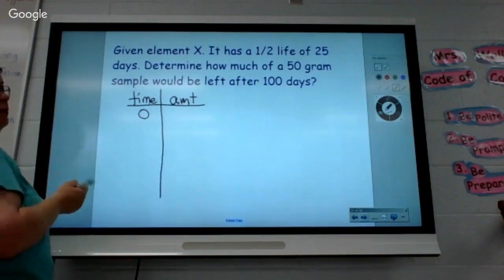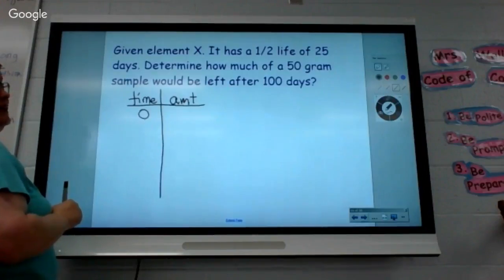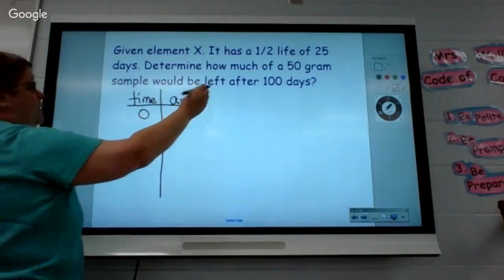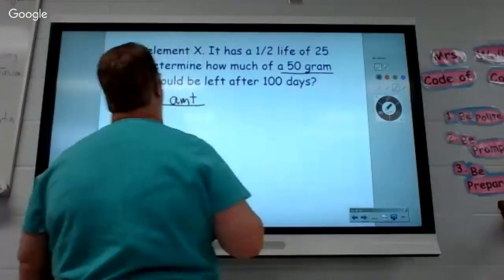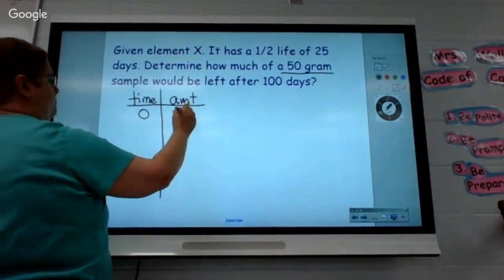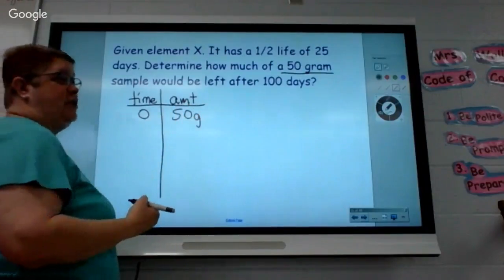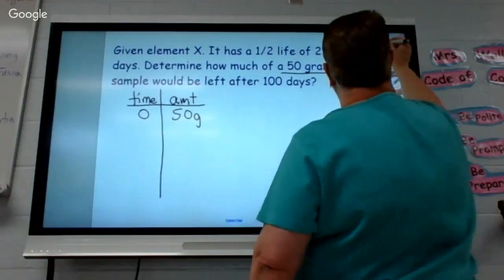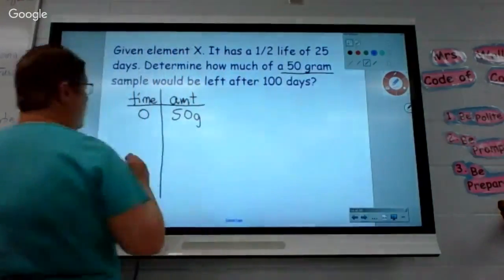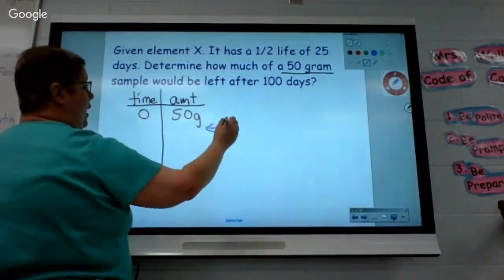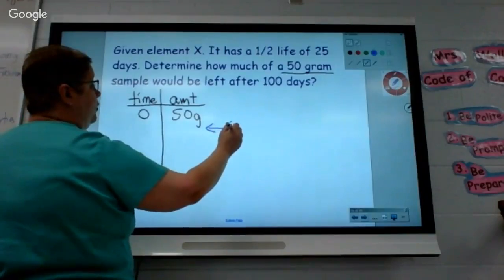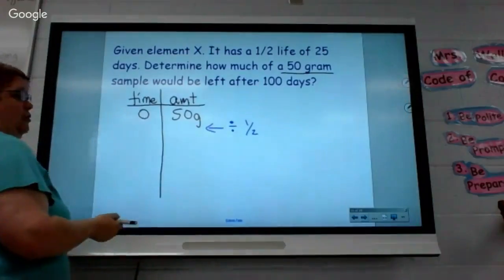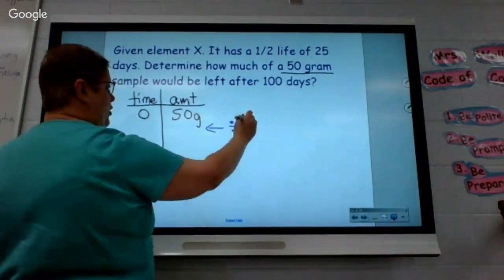Time always starts at 0. And how much did I tell you in the question I'm giving you for an amount? I told you in this question that I'm starting you with an amount of what? 50 grams. Now, the definition for half-life is that we're going to divide the amount by what? Of course, half. So you're going to divide by 2.